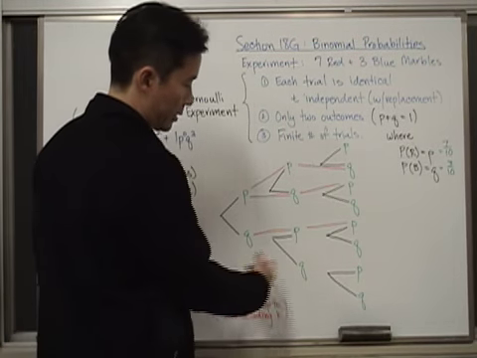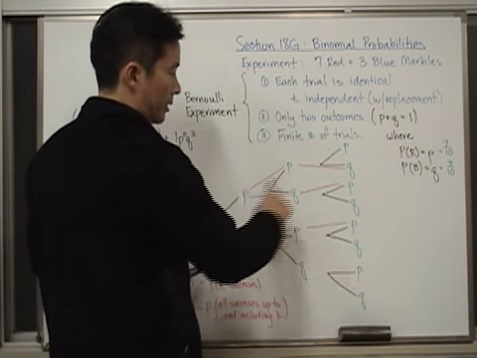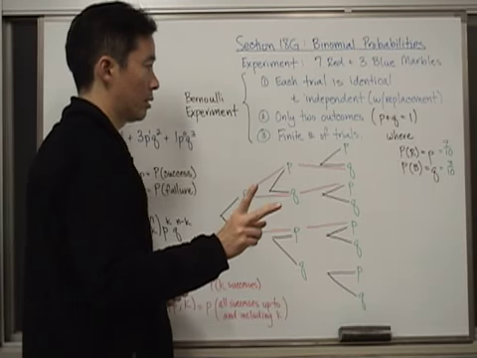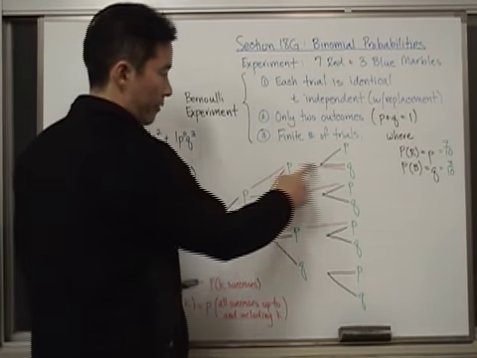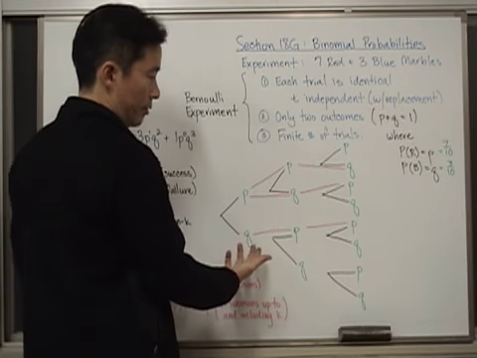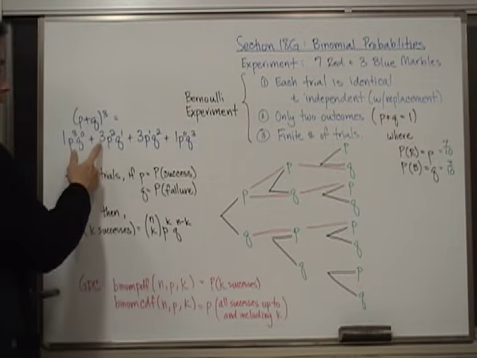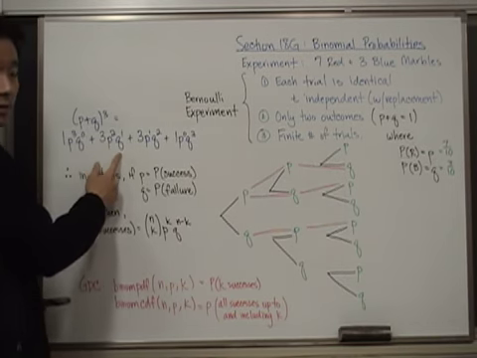That's the only possibility we can have. So if I look at the probabilities associated with getting 2 red marbles and only 1 blue marble, I have 3 different paths, each of which includes P squared times Q. So there you go, there's the 3 P squared Q to the first.